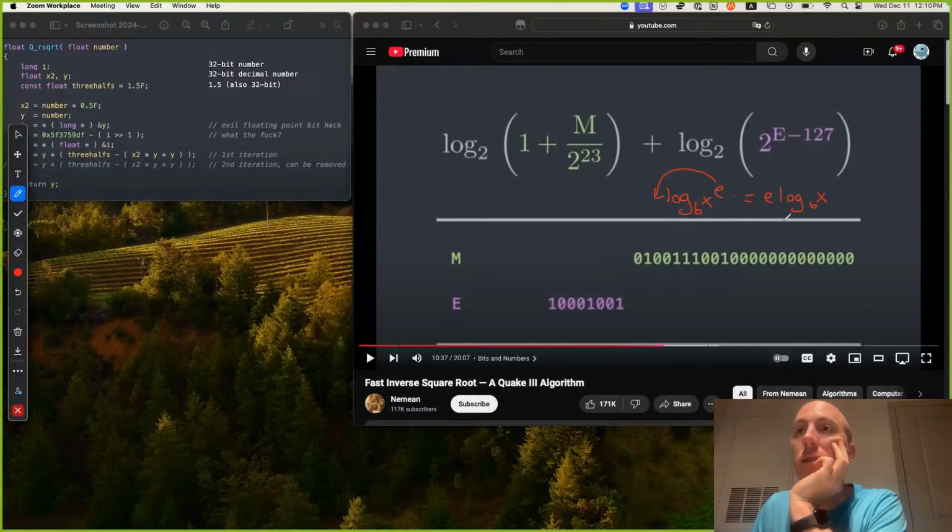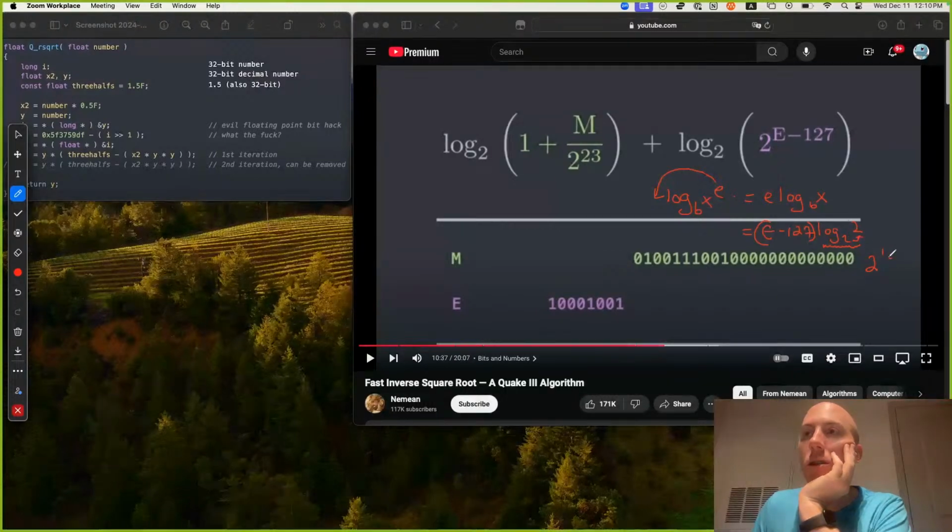base b of x. And in this case, it's e minus 127 times log base 2 of 2. Log base 2 of 2 says, all right, what number do you have to raise 2 to to get 2?